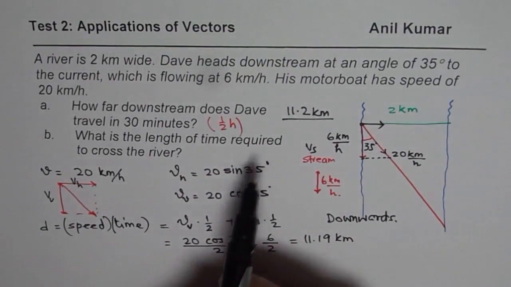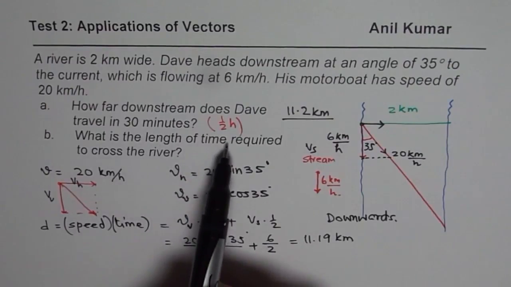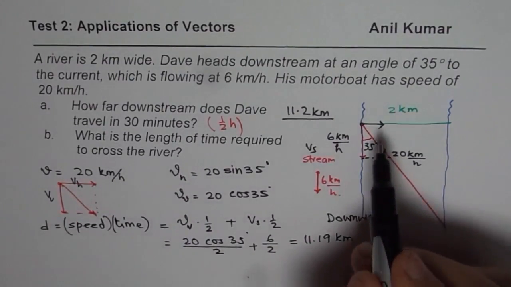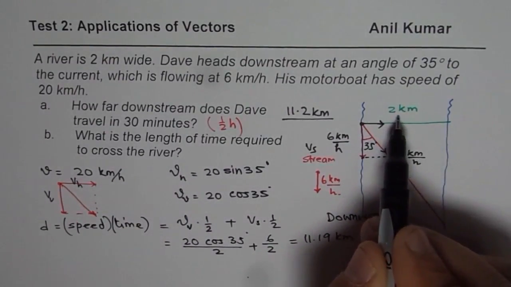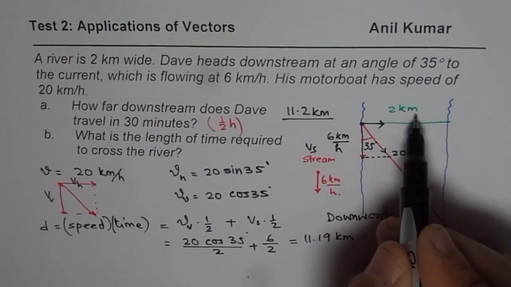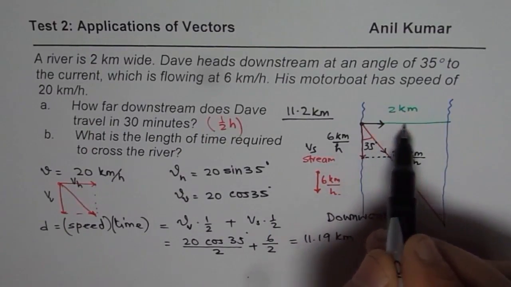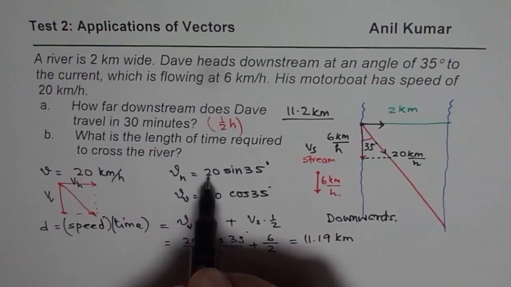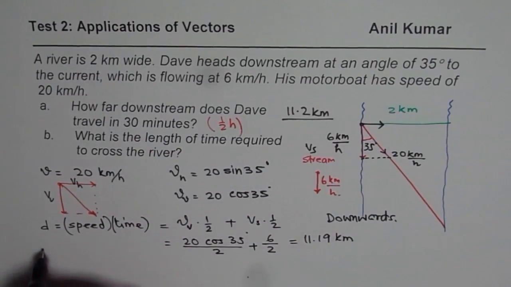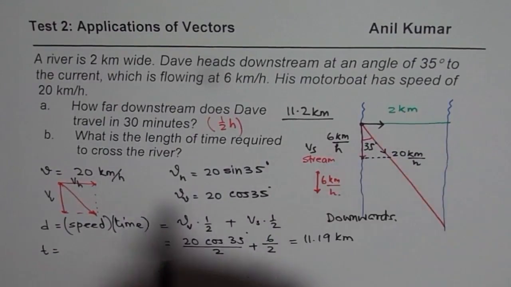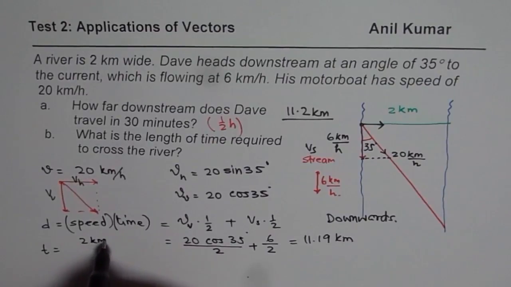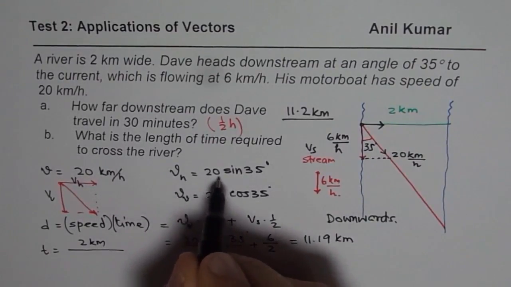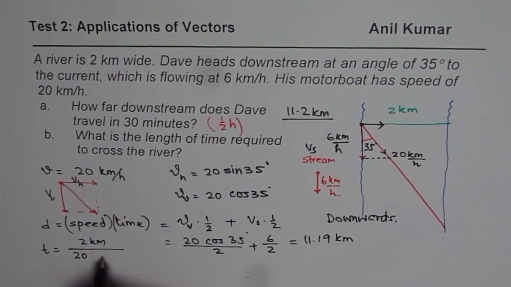Now the next question is, what is the length of time required to cross the river? Now to cross the river, Dave has to travel 2 kilometers and the velocity which helps to cross the river is the horizontal component, correct? So time should be equal to distance, which is 2 kilometers, divided by the horizontal component, which is 20 sine of 35 degrees.